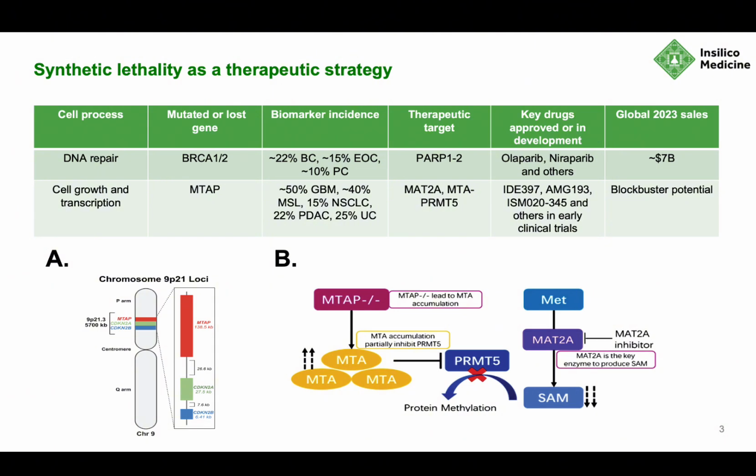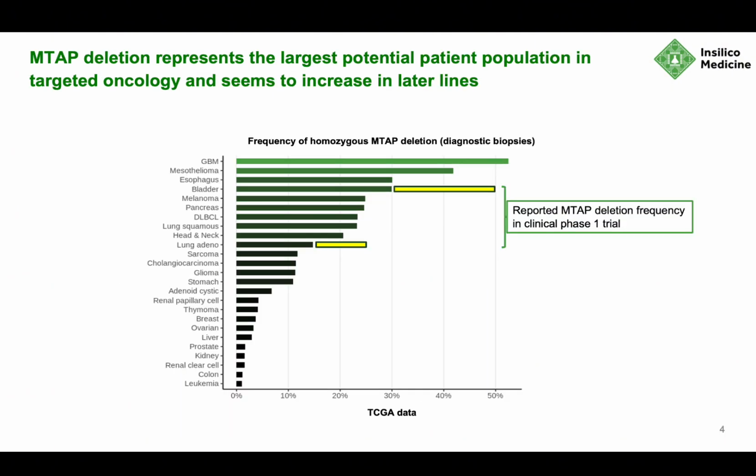The first clinical entrants in this space have developed their molecules in bladder cancer and in lung cancer. And what we've seen is diagnostic samples from bladder cancer patients and lung cancer patients have, in the case of bladder, about a 30% incidence of MTAP loss.